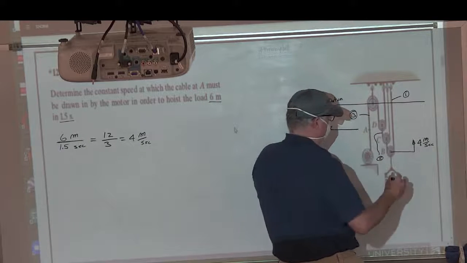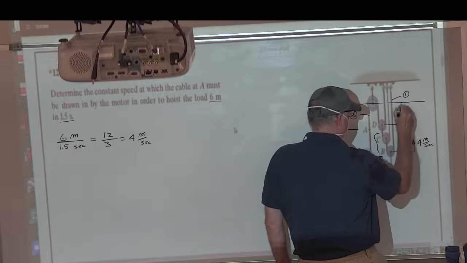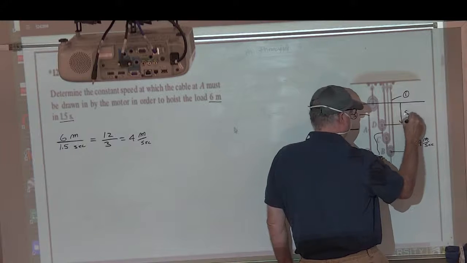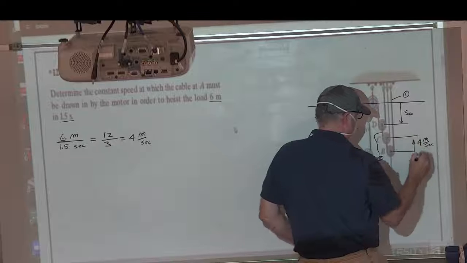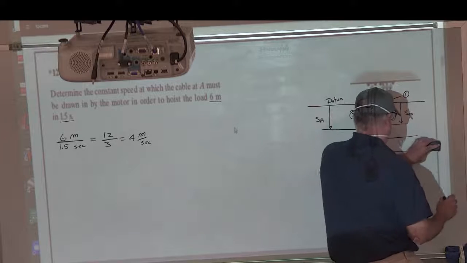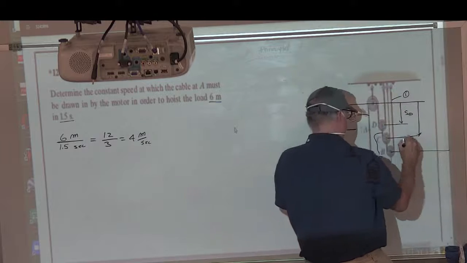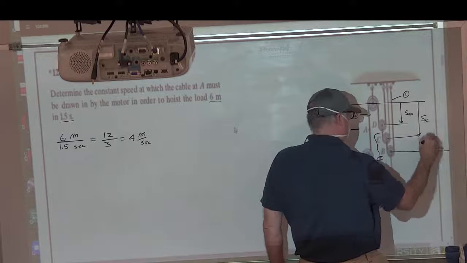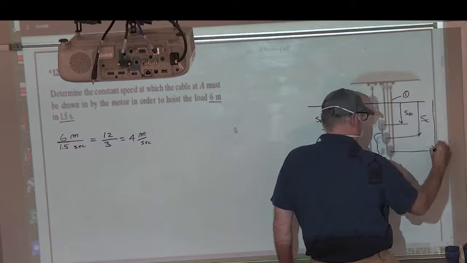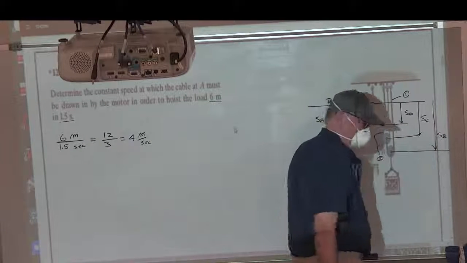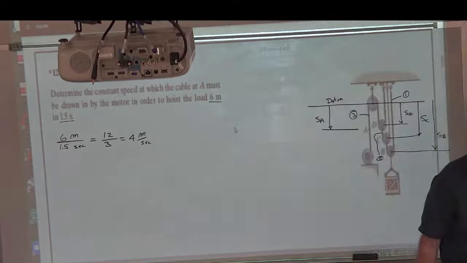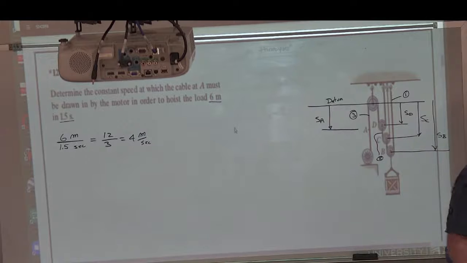I'm moving that out of the way because I need these locations. This will be SD. This will be SC, and this will be SB. Let me make sure SB, yeah, you can see that.